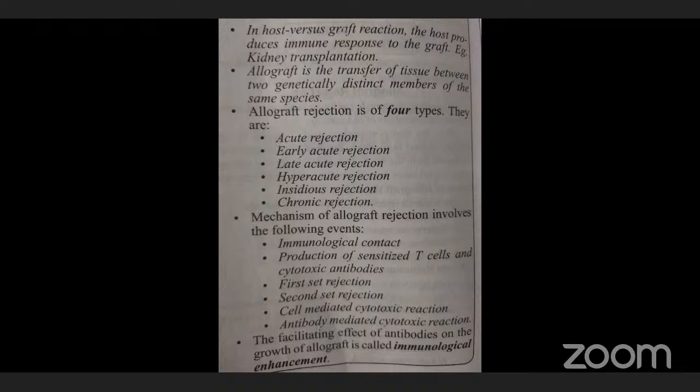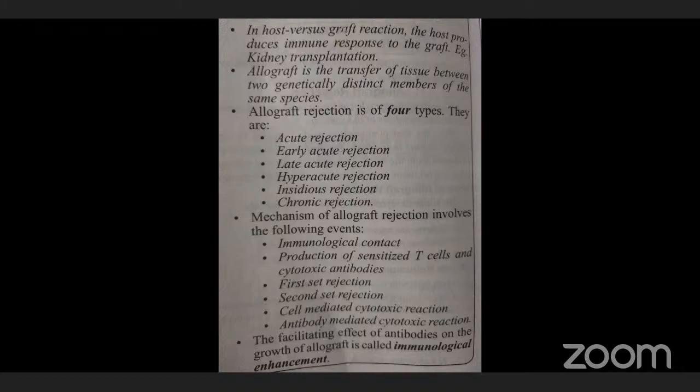So in an isograft, histocompatibility antigens are identical. Hence the graft survives and is not rejected. In autograft and syngraft, I mean isograft, there is no rejection, because identical twins have the same antigens.